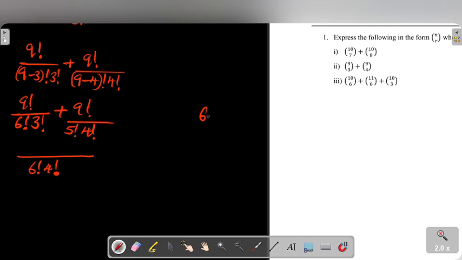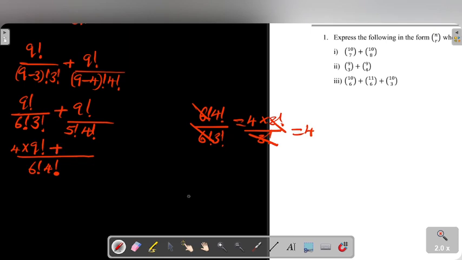So I have 6 factorial 4 factorial over 6 factorial 3 factorial. 6 factorial and 6 factorial cancel. You have 4 factorial, which can be reduced up to 3 factorial over 3 factorial. That and that cancel. We have a 4. So we have 4 times 9 factorial, plus you do the same.